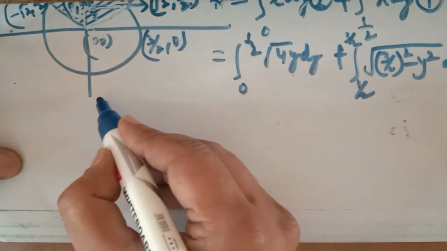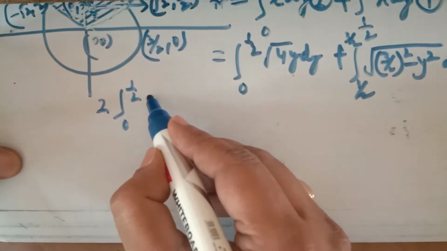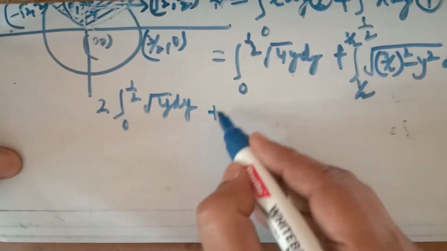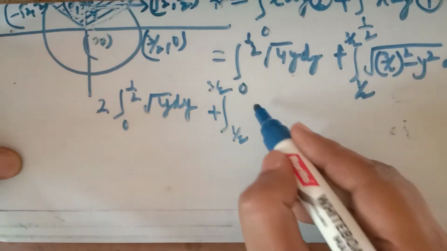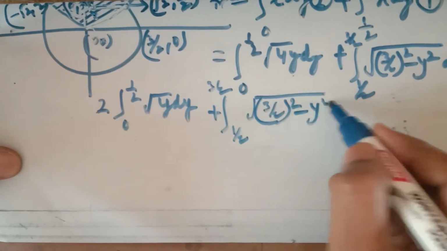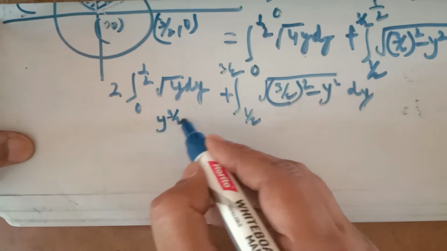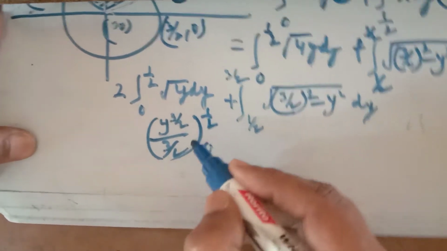So it will be 2 times the integral from 0 to 1/2 of √y with respect to y, which I have simplified, and from 1/2 to 3/2 it is the special integral of √(a² − x²). So it will be y^(3/2) upon 3/2 from 0 to 1/2.